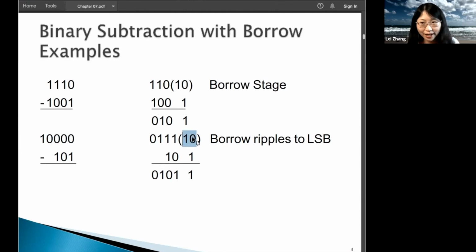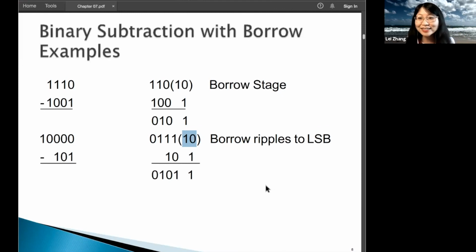It's equivalent to if I ask you to subtract 1 from 1,000 in decimal. The last digit is 0, and there is nothing to take from, so if you subtract 1 there, you end up with 999.